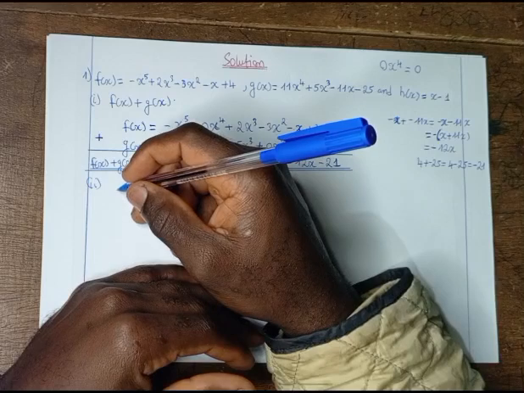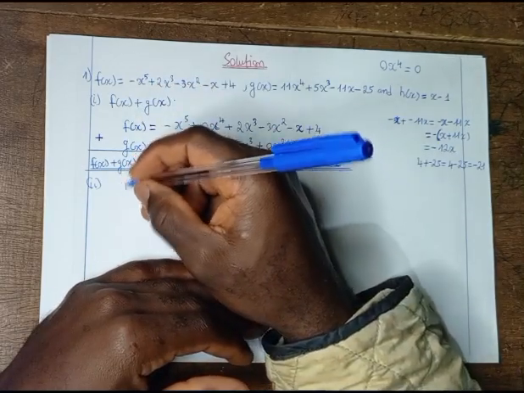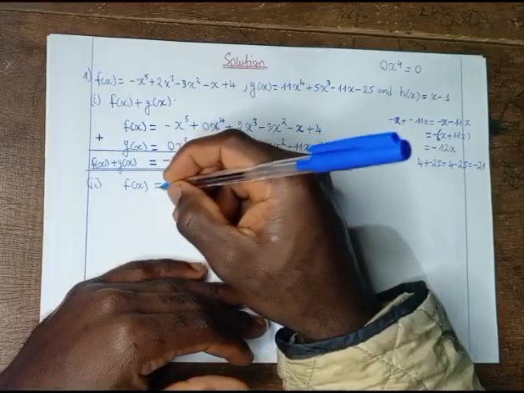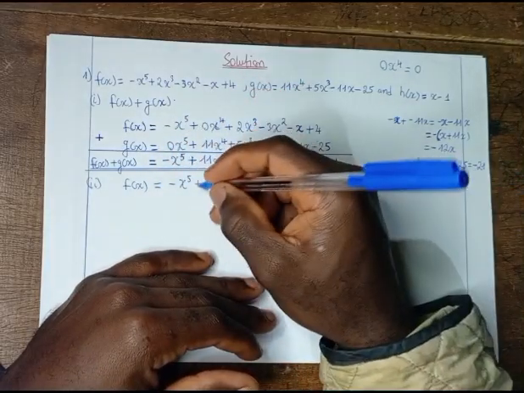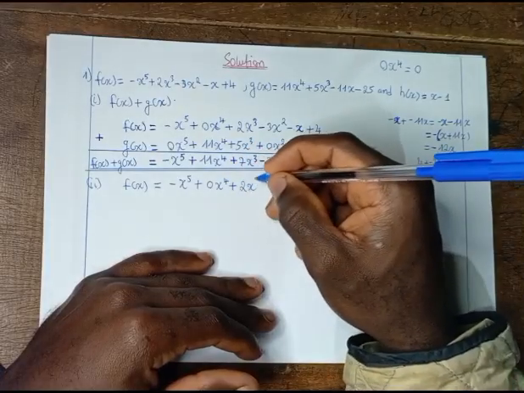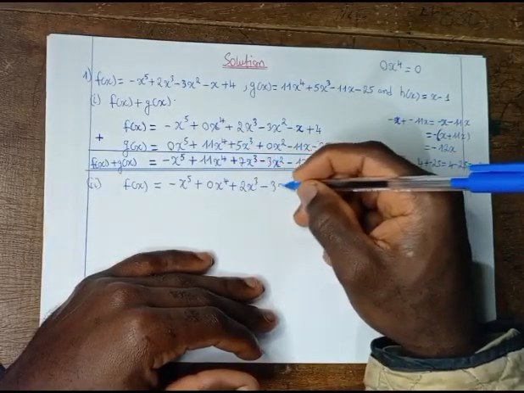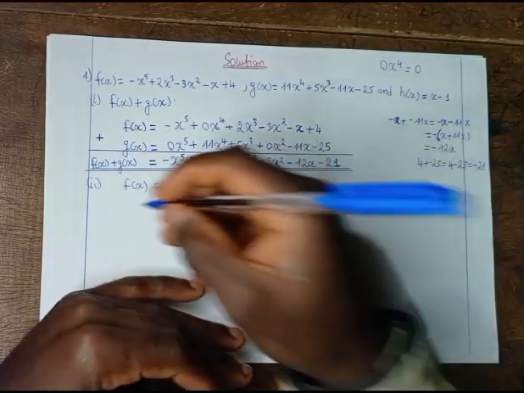For 2i, we have f of x minus g of x. We are still going to do the same thing. F of x is the same as negative x to the power 5, I will copy, plus 0x to the power 4 plus 2x cubed minus 3x squared minus x plus 4.